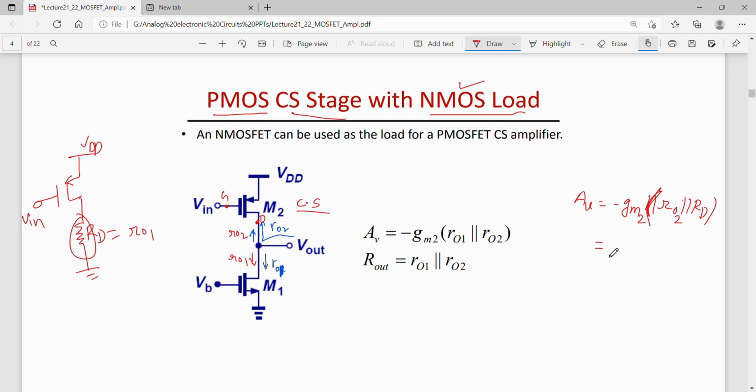So one can write this gain equation as minus gm2 multiplied by ro2 parallel to ro1. Similarly, the output impedance can be found by again looking into the output port from here. So the output impedance will be simply ro2 parallel to ro1.